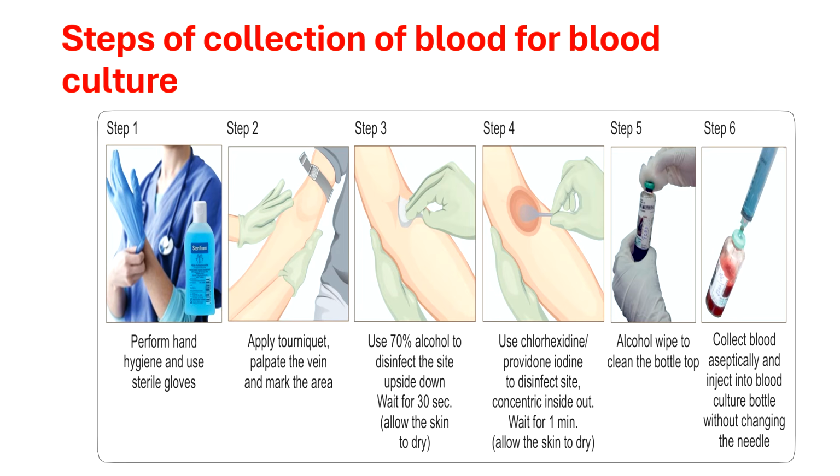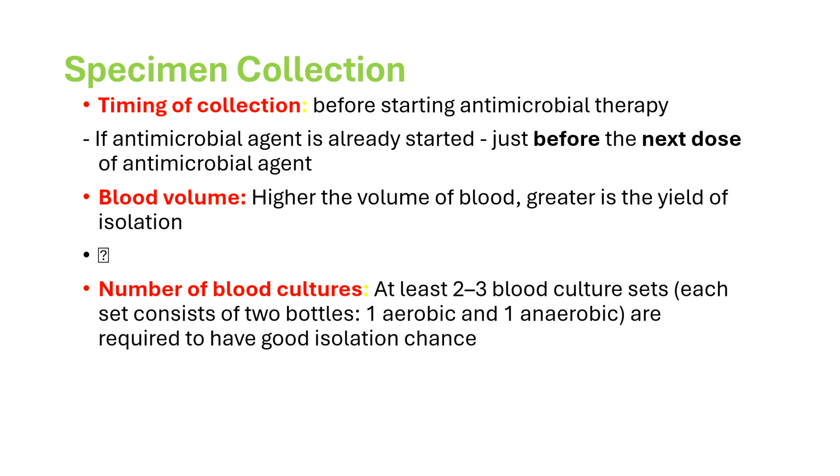Prefer 3 steps: spirit, betadine, then spirit or chlorhexidine. People generally perform this step from center to periphery. However, they always forget to clean the bottle flap, the rubber stopper of the bottle, which also has to be cleaned with spirit and allowed to dry for 1 minute, and then insert the blood.